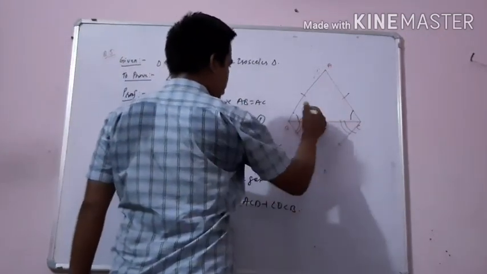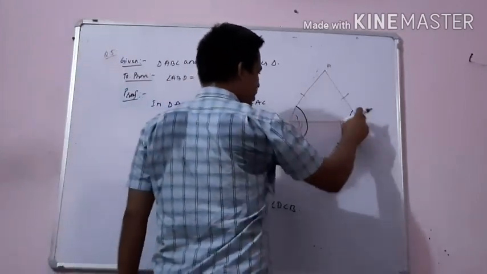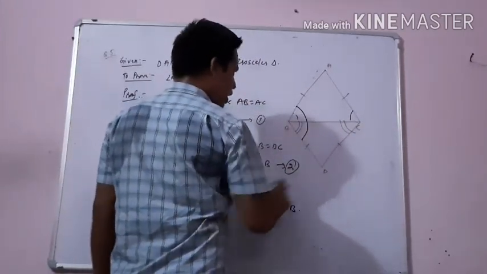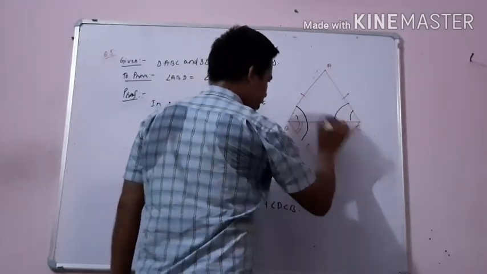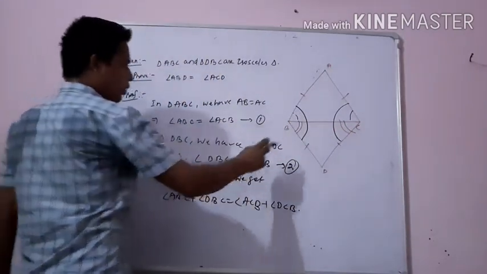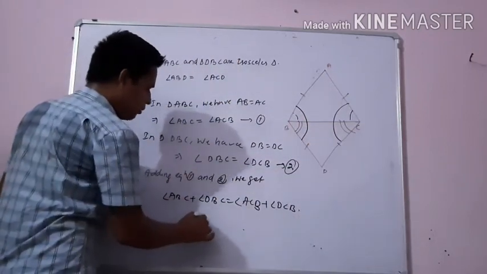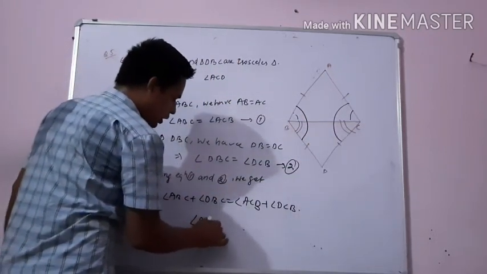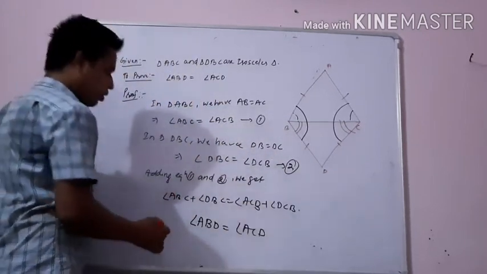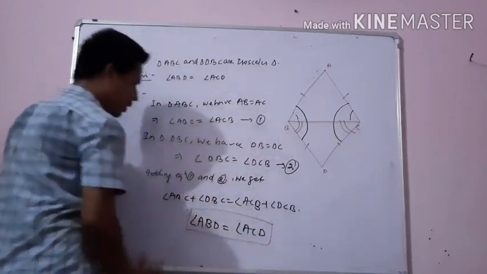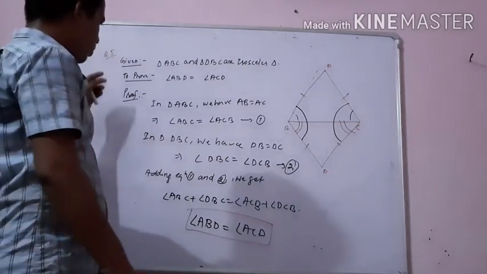ABC and DBC added give this angle, similarly ACB plus DCB give this. So this angle is ABD and this angle is ACD. So we get angle ABD equals angle ACD. What we wanted to prove, we have proved already. So we have proved question number 5.